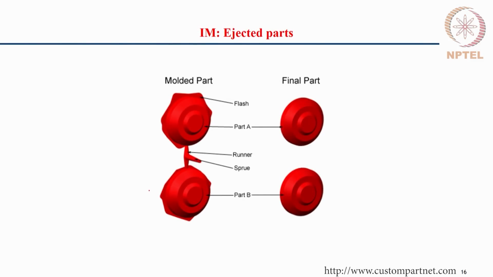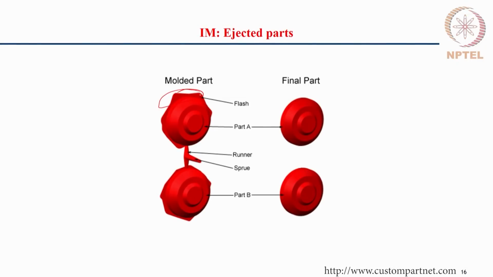When the part comes out of the mold, or when the part is ejected, there are a few unwanted elements associated with the part, like the flash.